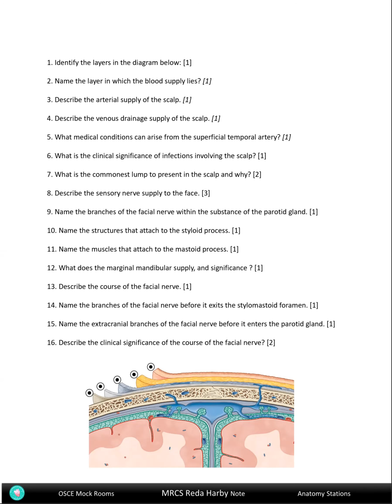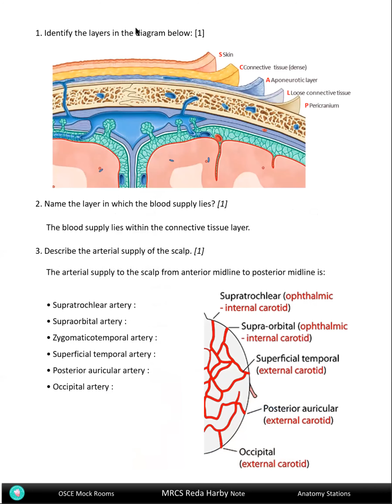So what is the blood supply of the scalp? Supraorbital artery, supratrochlear artery, superficial temporal artery, some branches from the ophthalmic, from the internal carotid, and some other branches from the external carotid.